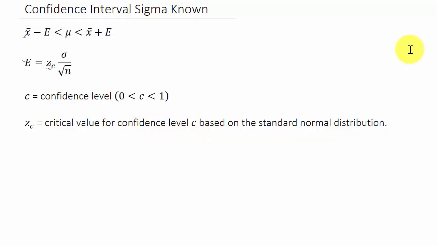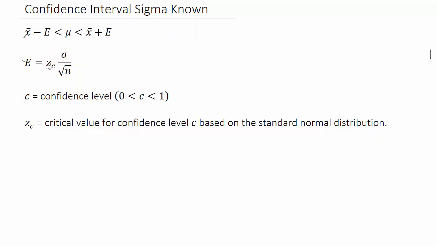You can see that we need Z sub C, we need sigma, we need n, and we need E. We need all of that, and we need X bar, which in this case was given to us. So let's go over to Excel.